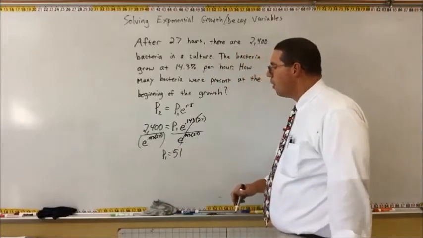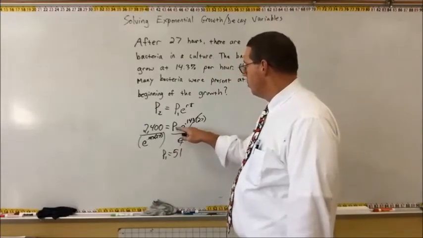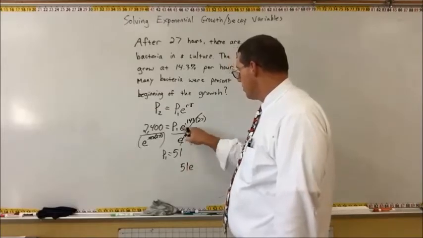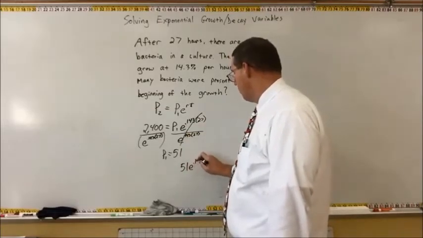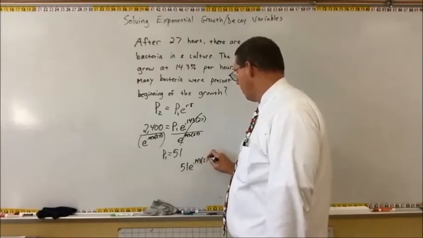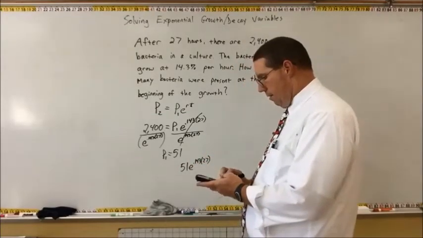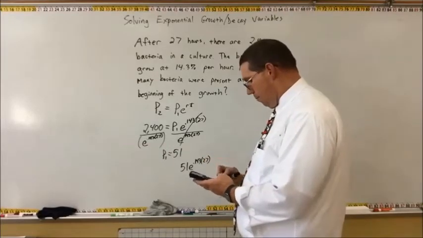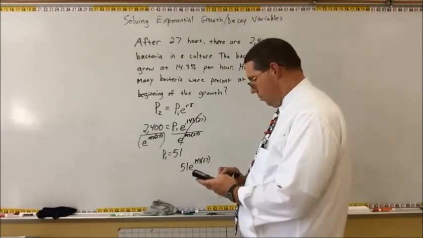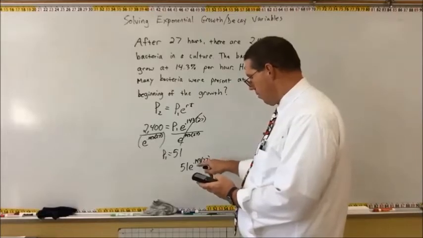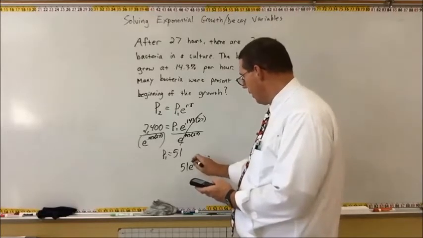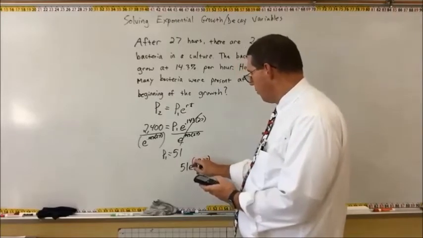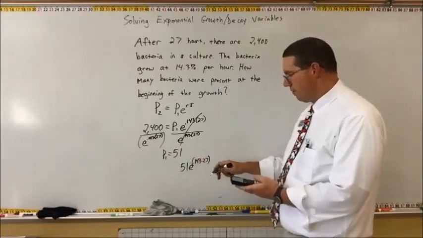And we can confirm that this is correct if we put in 51 here. If we calculate 51 times e to the power of 0.143 times 27, I can put this in the calculator. I did this as a multiplication: parenthesis 0.143 times 27, close.